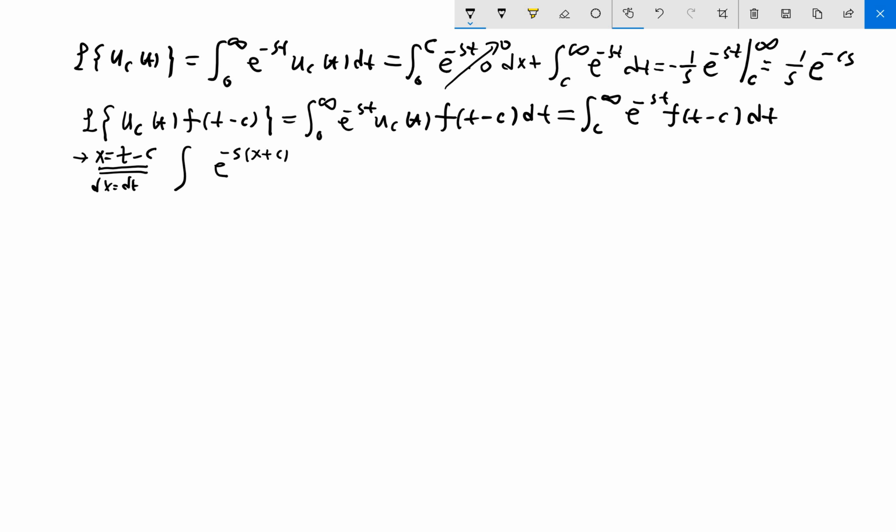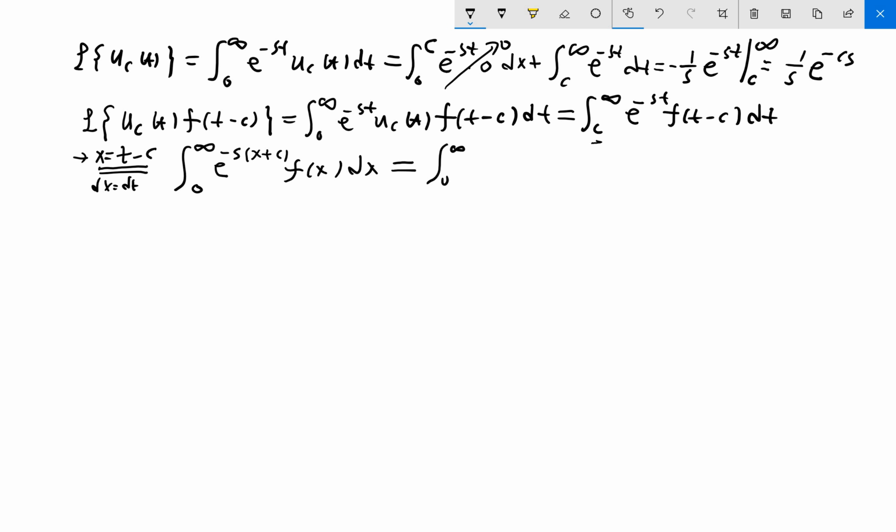Then f(t minus c) becomes f(x), and dt equals dx. Now let's look at the limits. When t is infinity, then x is infinity. When t is equal to c, x equals 0.